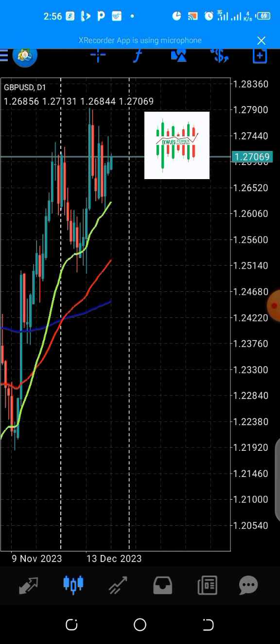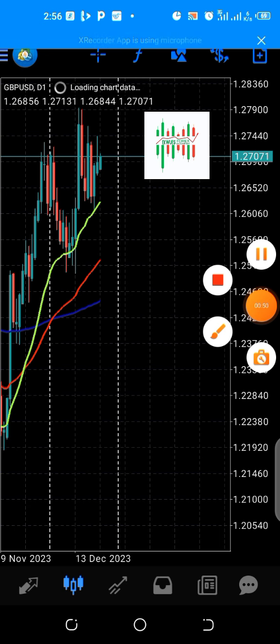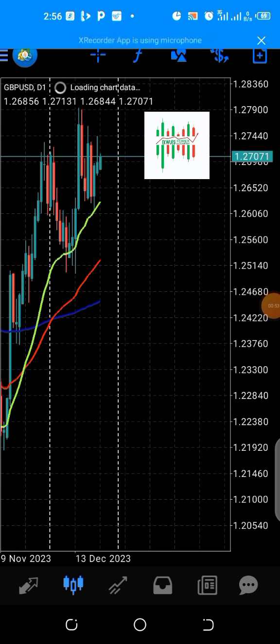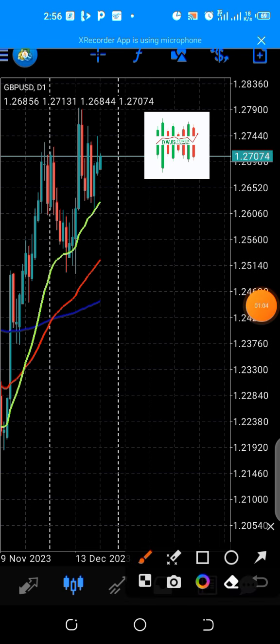So what you do, you just come to the daily time frame. Then the next thing you do is to look out for the initial close of the market. That's the last candle that was closed, that's yesterday's candle. As you can see, it is this one here with this long wick.